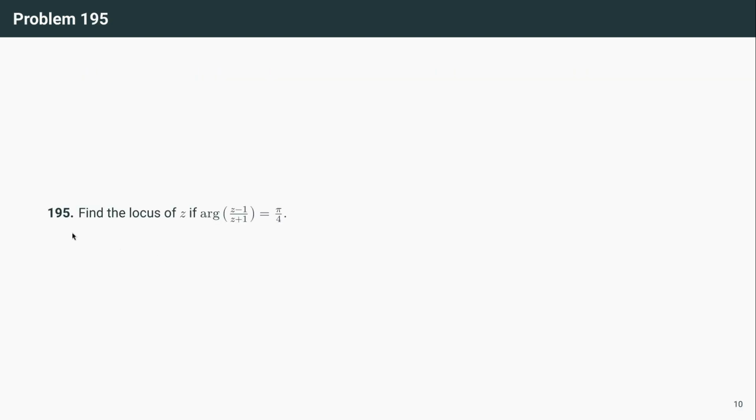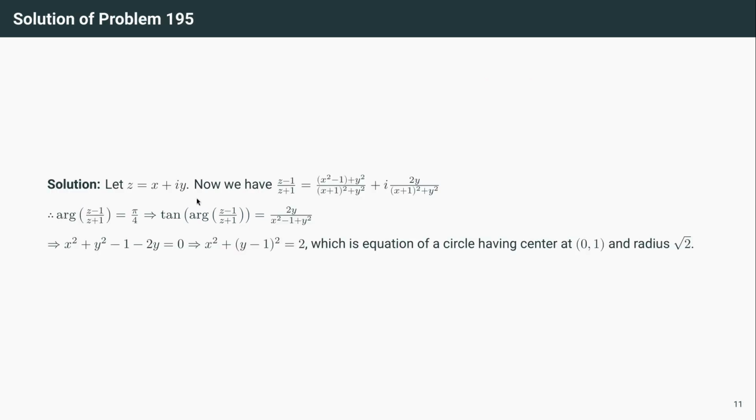Problem 195 says that find the locus of z if argument of (z minus 1) by (z plus 1) is equal to pi by 4. So we let z is equal to x plus iy. On rationalization, (z minus 1) by (z plus 1) is equal to (x square minus 1 plus y square) divided by ((x plus 1) whole square plus y square) plus i 2y divided by ((x plus 1) whole square plus y square).